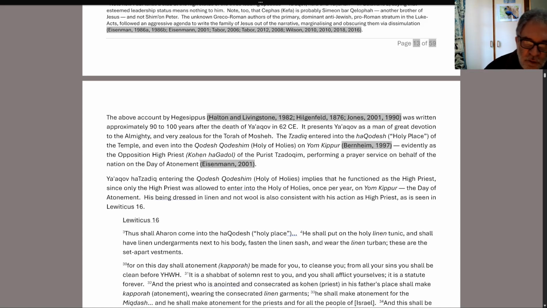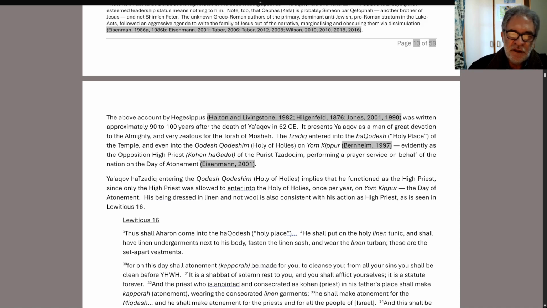This is evidently a Yom Kippur prayer service, as stated by Professor Eisenman, also by Bernheim, 1997, evidently as the opposition high priest of the purest Sadducites, performing a prayer service on behalf of a nation on Yom Kippur, on the Day of Atonement. Okay, so this man, who is not officially ordained by the secular authorities of that time as a high priest, nevertheless functioned as a high priest.